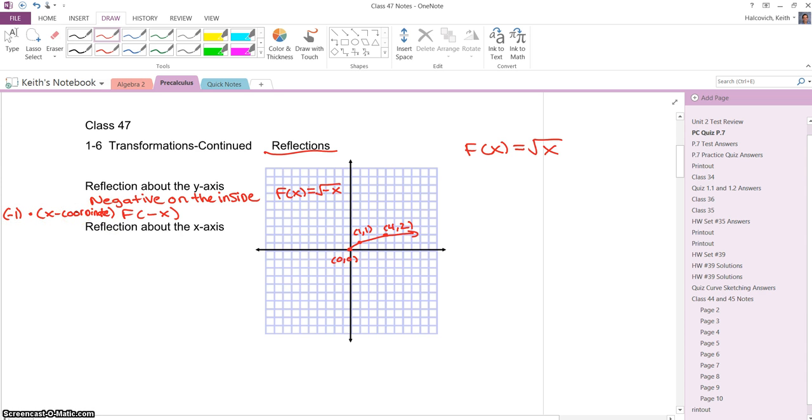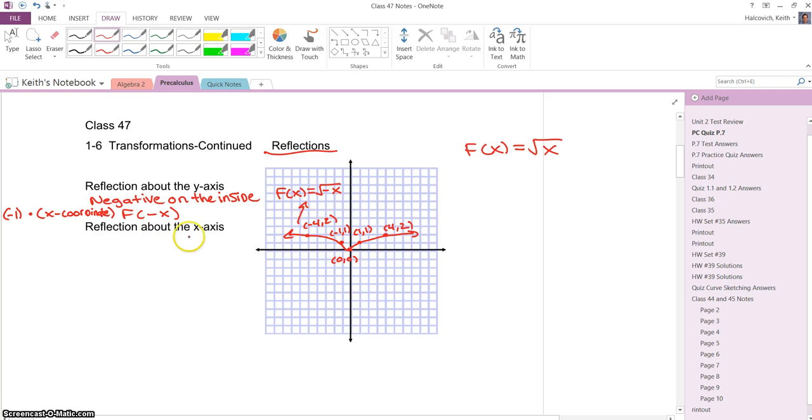So here, you would keep (0, 0), but now you would have (-1, 1). And here you would have (-4, 2). So that would be f of negative x. f of x equals the square root of negative x.